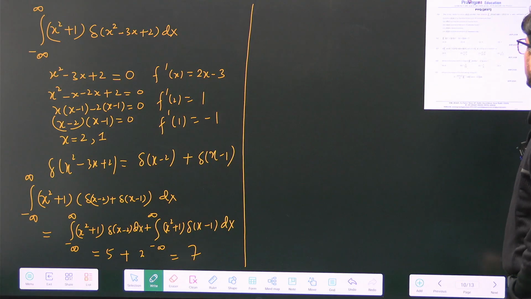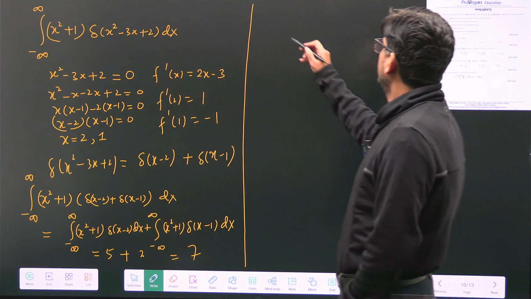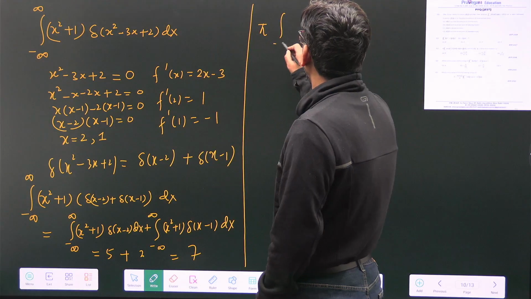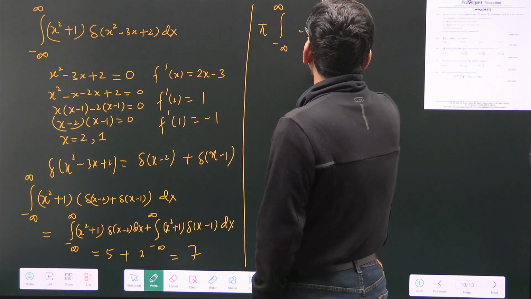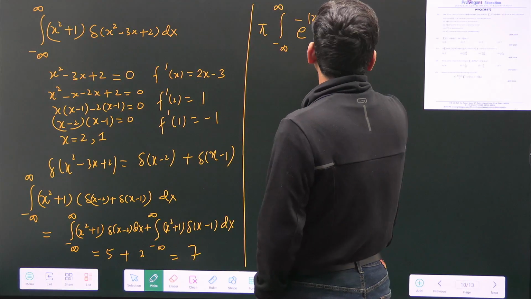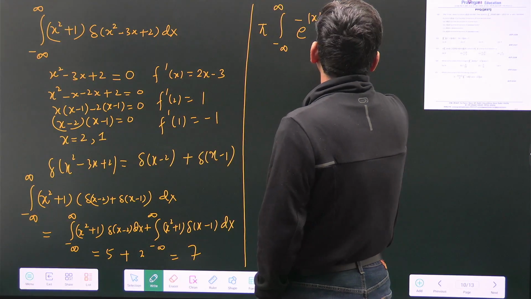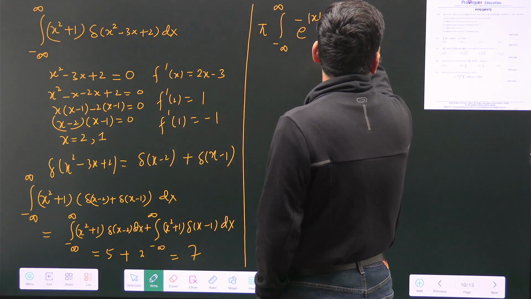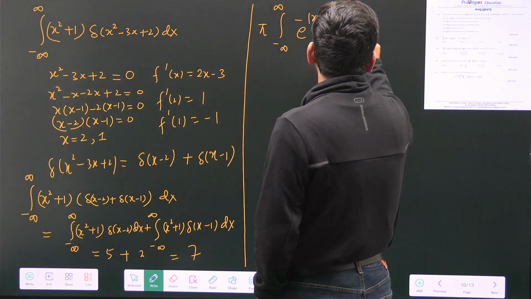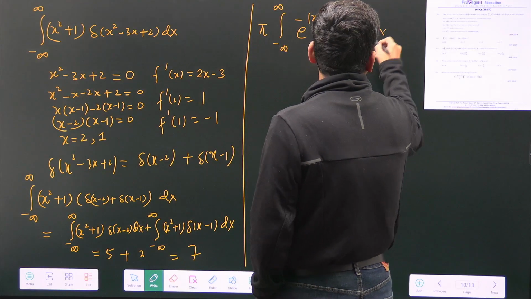Next question is pi times integral from minus infinity to plus infinity of e to the power minus mod of x, delta function sine of pi x, dx.